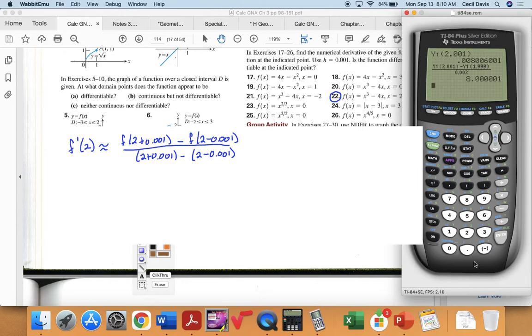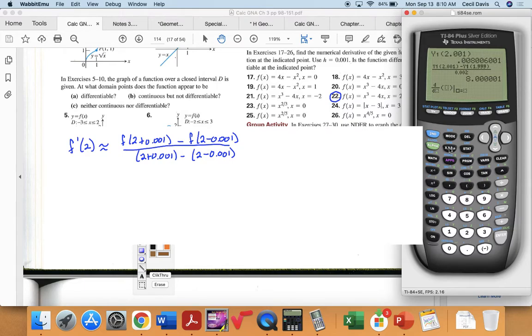Now, since it was specific about what h to use, I would probably go ahead and do it this way. But if it just says, find the numeric derivative, your calculator, remember, has that built in.